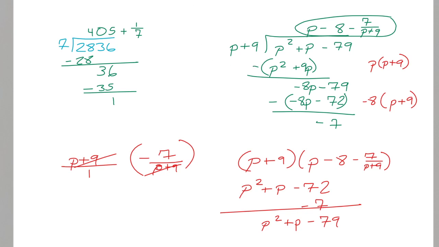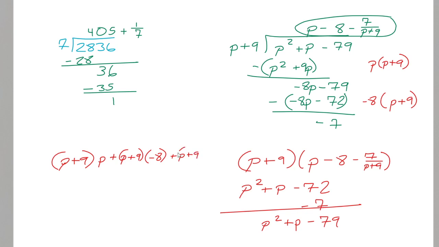So to kind of show it in that term, as you may have just thought of foiling, well, you can also see it as p plus 9 times p plus p plus 9 times negative 8 plus p plus 9 times negative 7 over p plus 9.